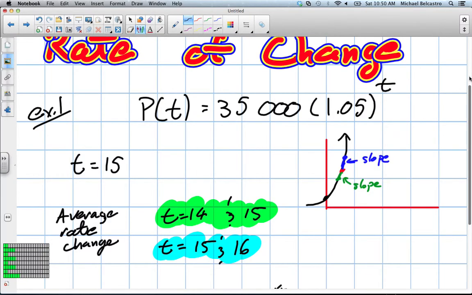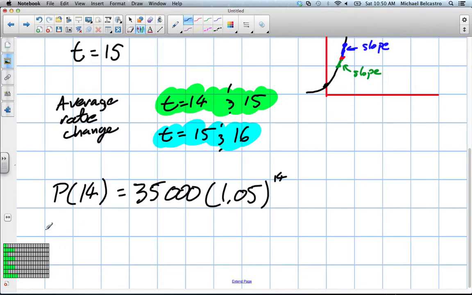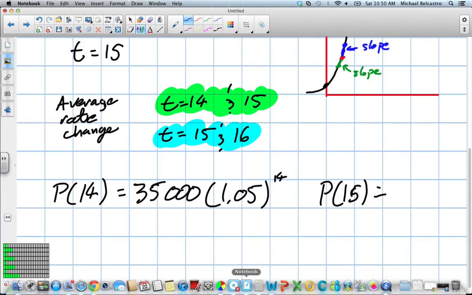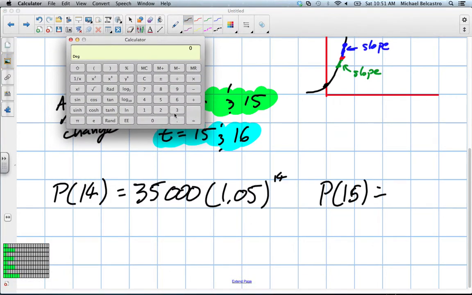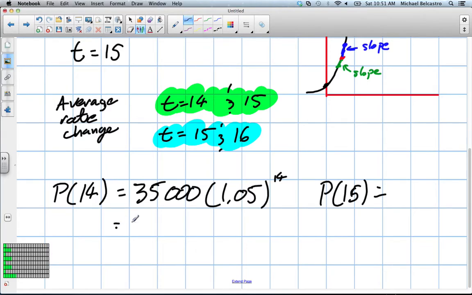I'm not going to write the equation out; I'll just quickly use the calculator, because the calculations aren't the hardest part of this. 1.05 to the power of 14 times 35,000 is 69,297.